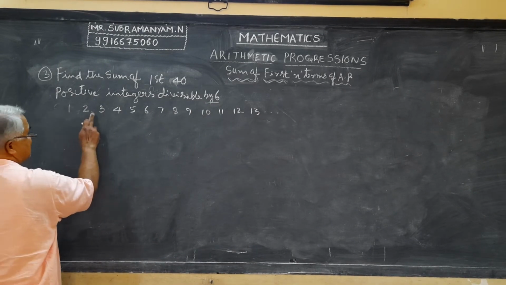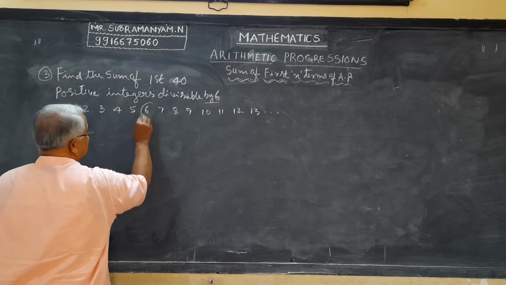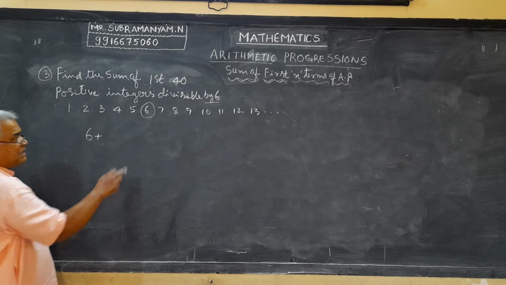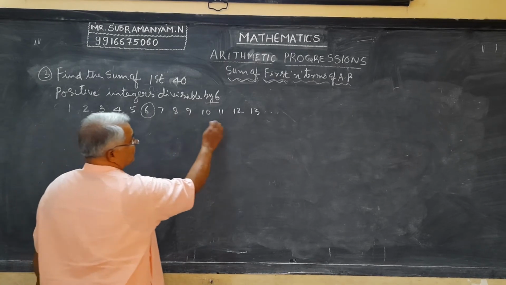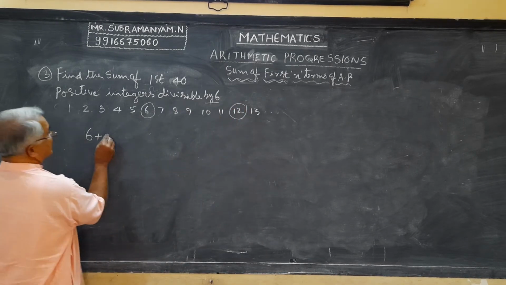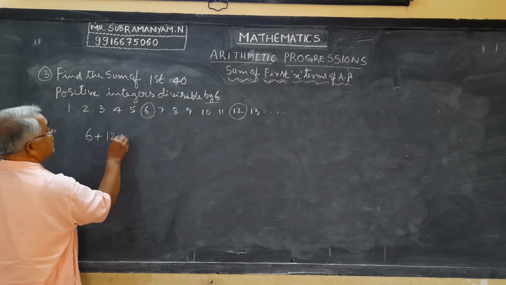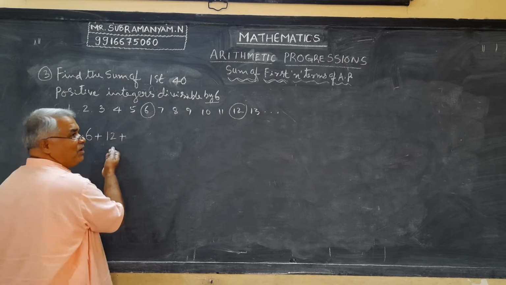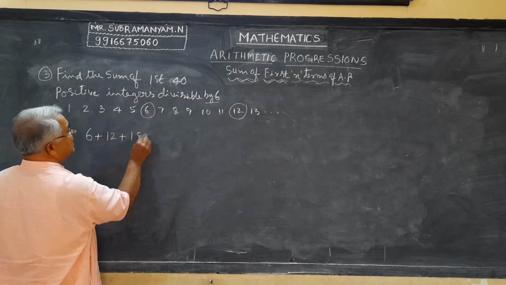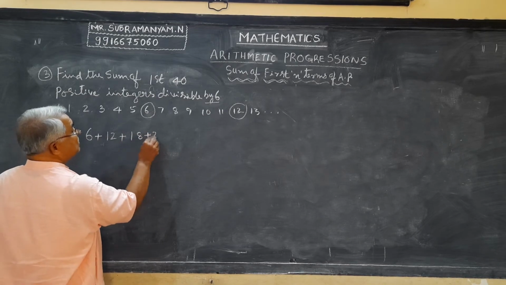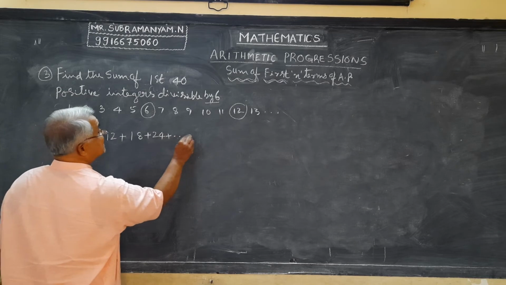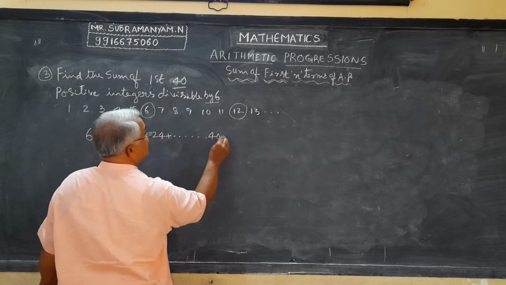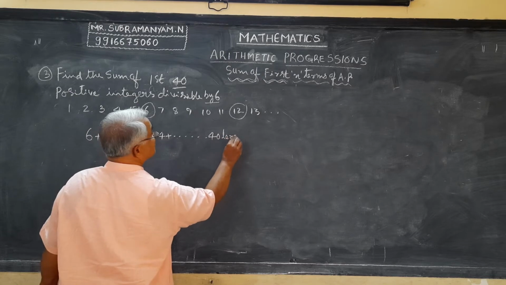This is not divisible, not divisible, not divisible. This is divisible. So, the first number is 6. Next number is 12. Next number, you know, for 6, if you add 6, you will get 12. 12 plus 6, 18. 18 plus 6, 24. Plus etc. How many? 40 terms.